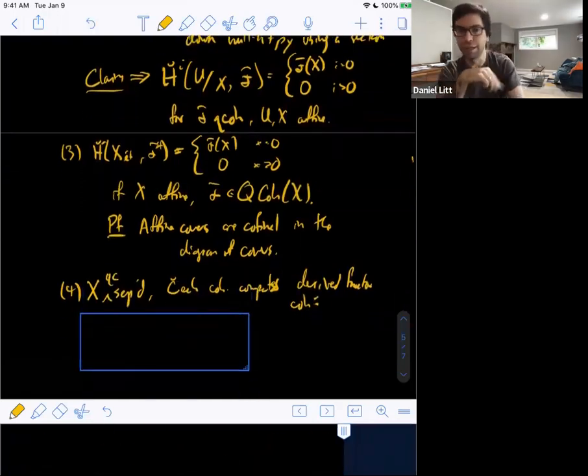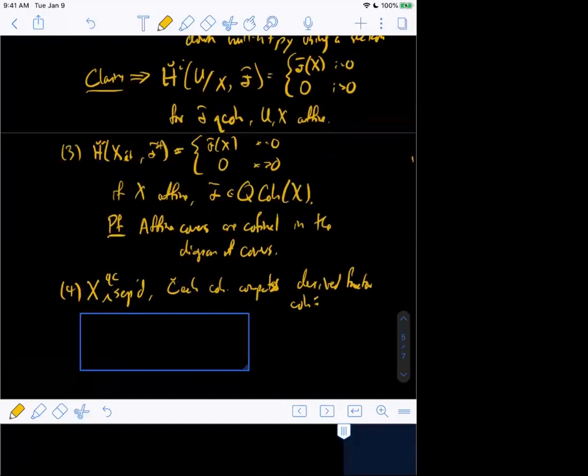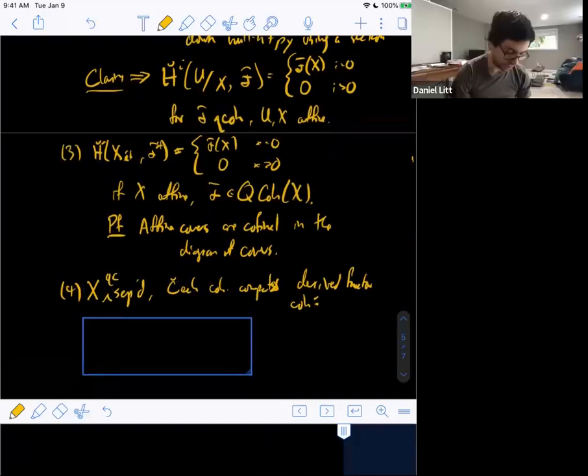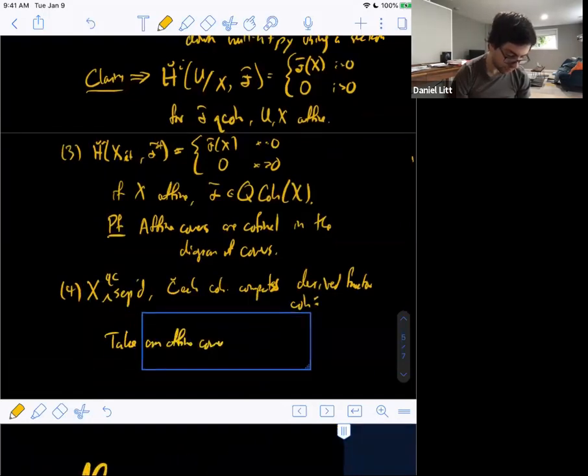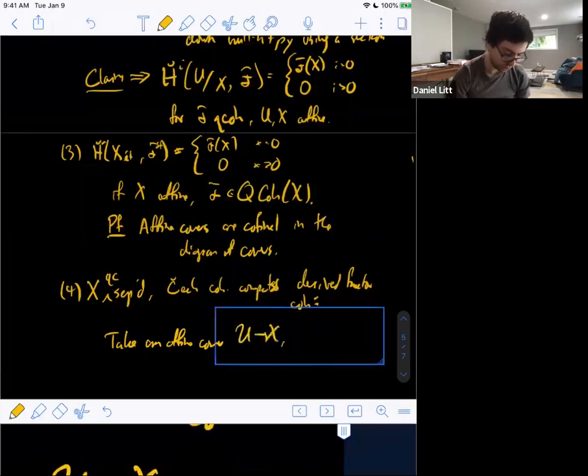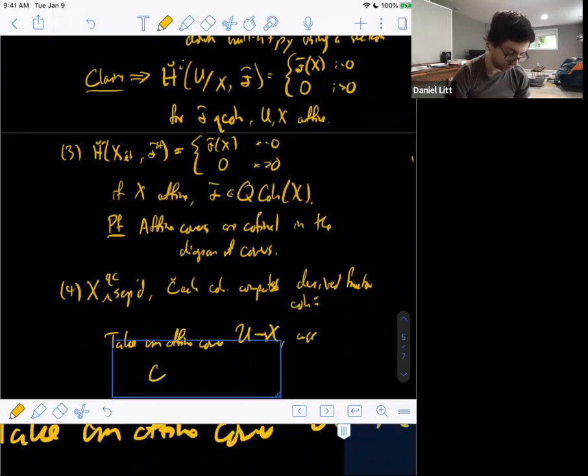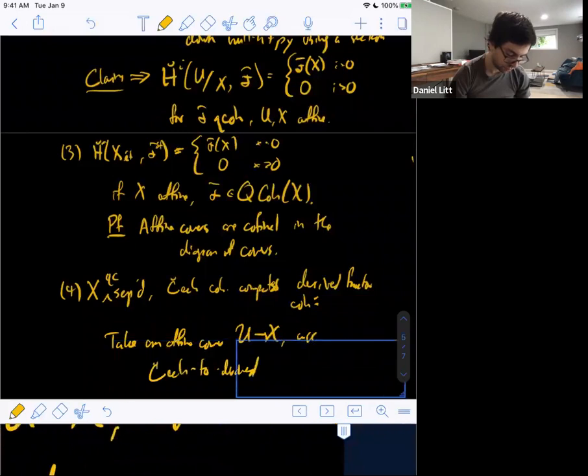So can anyone tell me how to complete this step? Using the spectral sequence on an affine cover. Exactly right. So take an affine cover U to X, like a Zariski cover, for example, and use the Čech-to-derived spectral sequence. Okay, so can anyone tell me, just to make sure you're following, how did we use separated here?